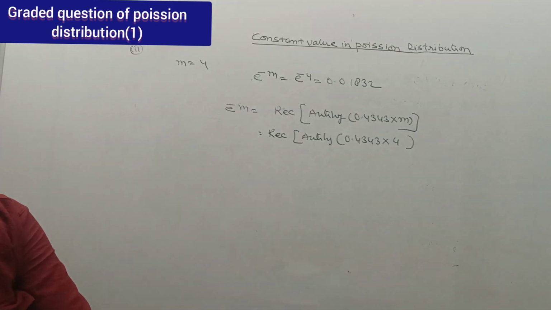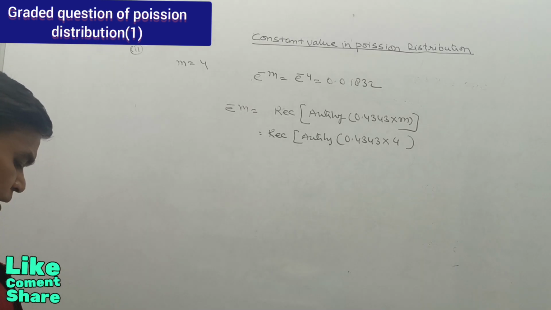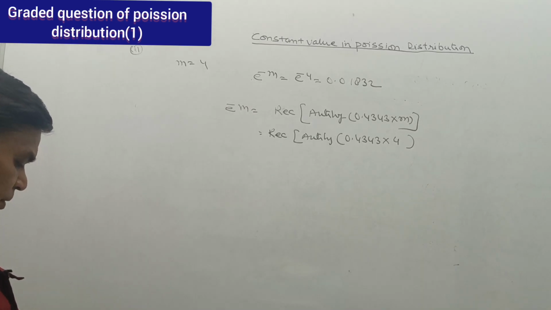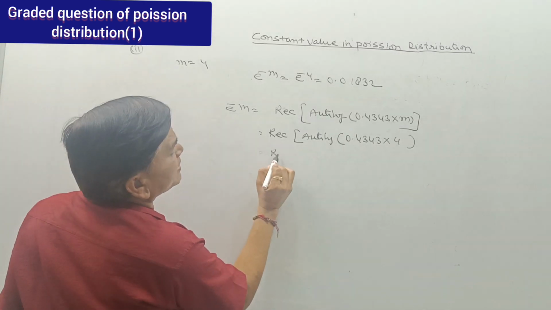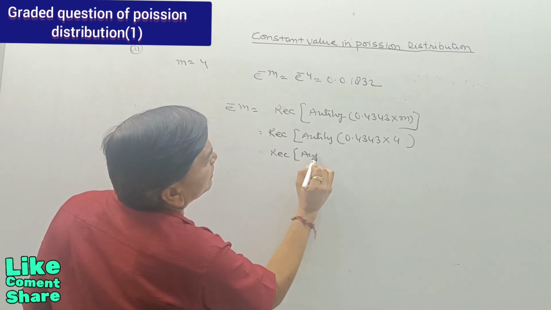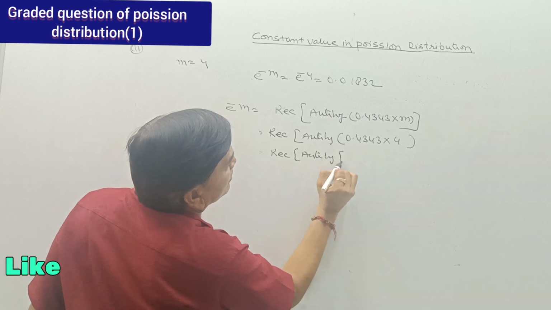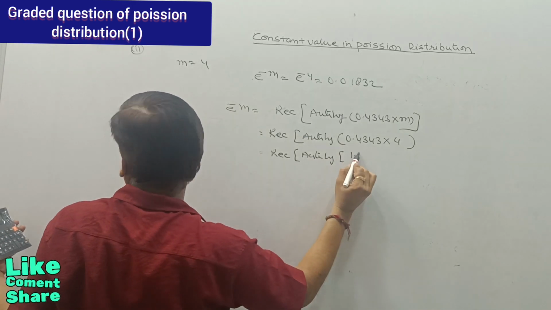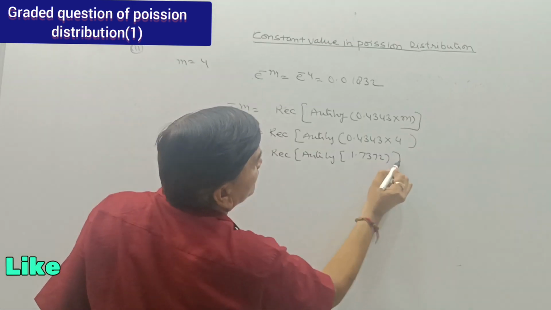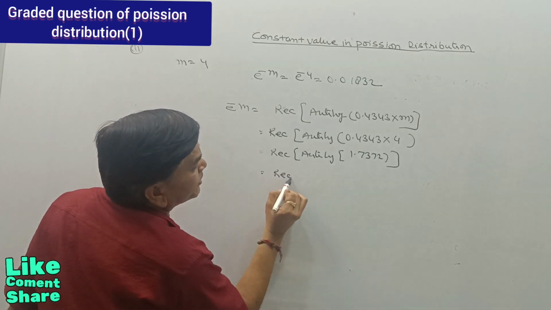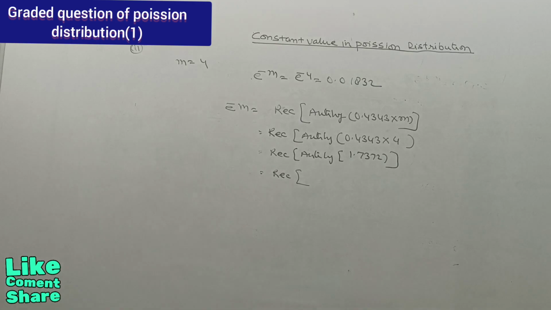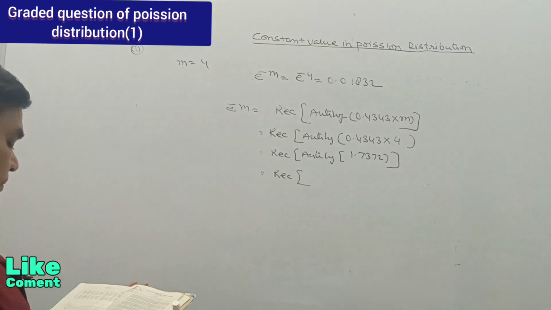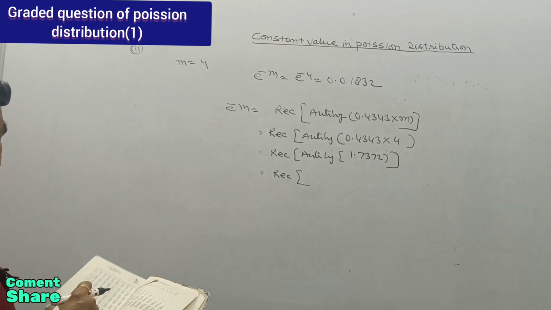So 0.4343 multiplied by 4 is 1.7372. So that is reciprocal antilog of 1.7372. We will see the antilog table, 0.73, difference is 7. So the very first we will see the antilog.